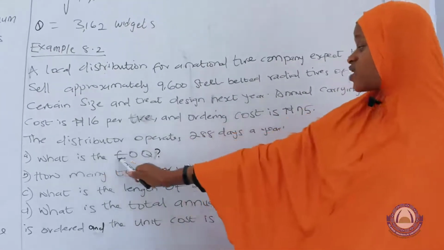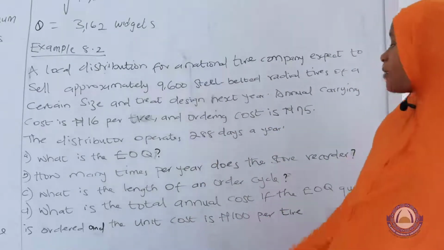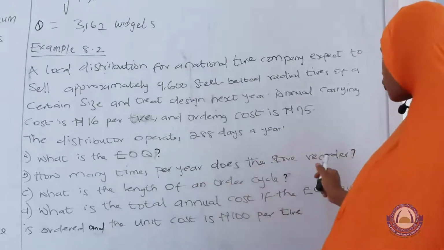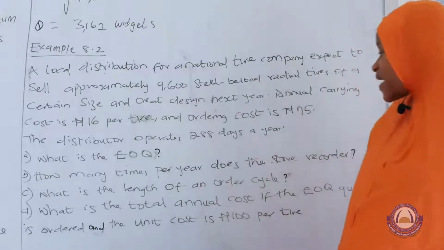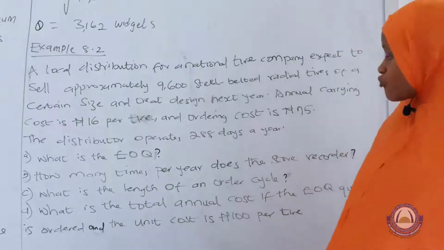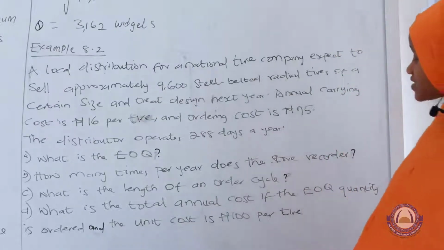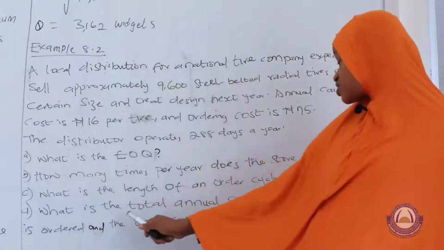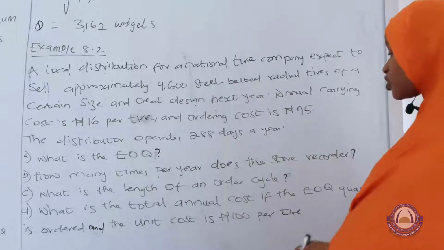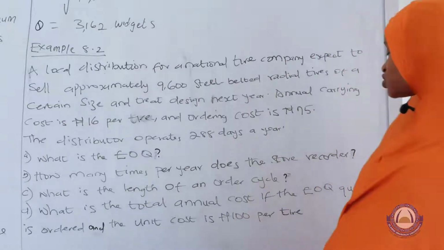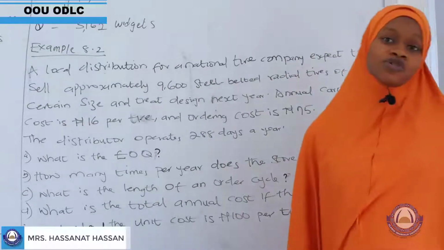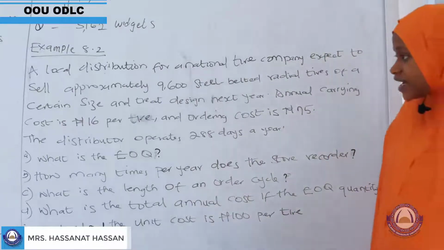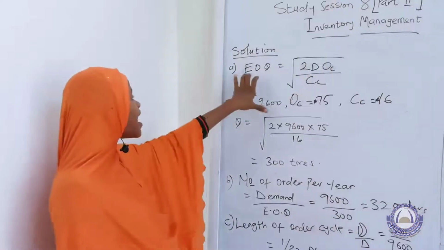The problems: what is the economic order quantity? How many times per year does the store reorder? That is the reorder cycle. What is the length of an order cycle? What is the total annual cost if the economic order quantity is ordered and the unit cost is 100 naira per tire?